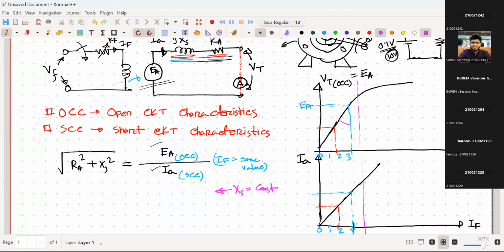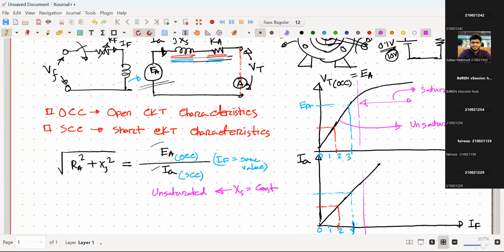From here to here, this region is named as linear, or unsaturated. And from here to here, this region is called saturated. So Xs will be constant for the unsaturated region.